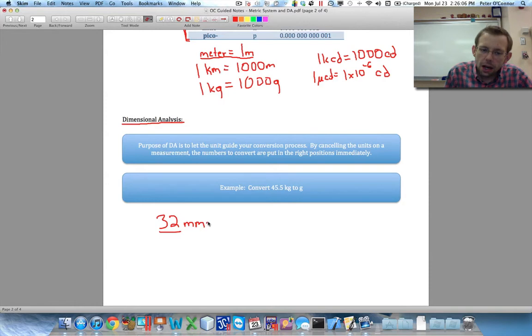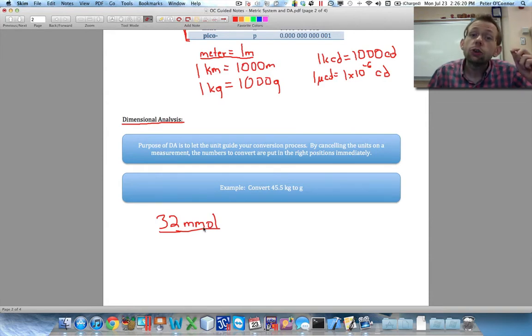So like a millimole. Okay? So it has both. And in dimensional analysis, I care about both. I'm going to do stuff to this number, and I'm going to do stuff to this unit. The goal will be to cancel out the unit. Make the unit go bye-bye, and introduce a brand new unit, something I want.